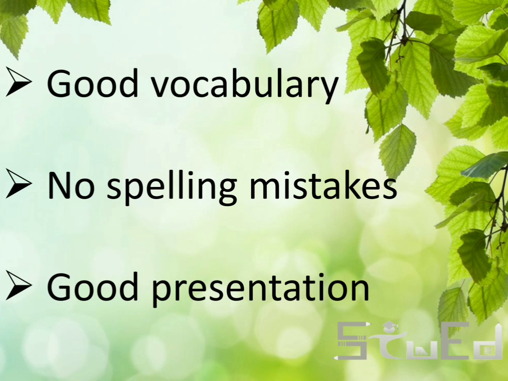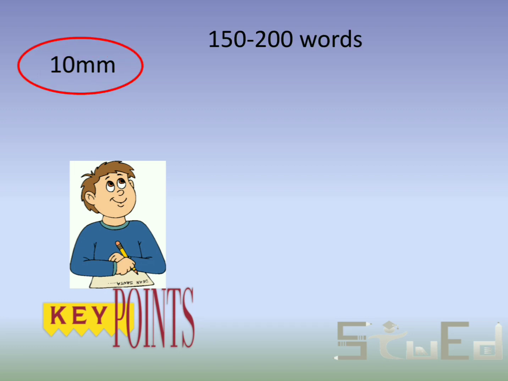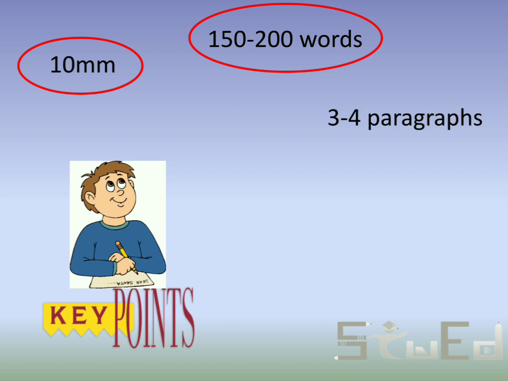I'm going to tell you how we present our article, but before moving ahead, here are a few key points that you have to keep in mind. Like for class 12, we get the article for 10 marks. That means, and that has a word limit of around 150 to 200 words. It should not exceed 200 words. Okay, so while writing an article, we normally write 3 to 4 paragraphs.